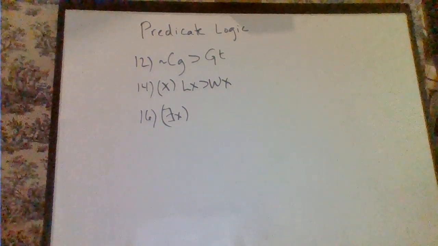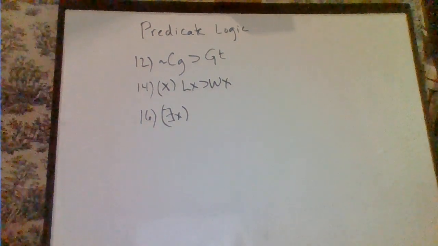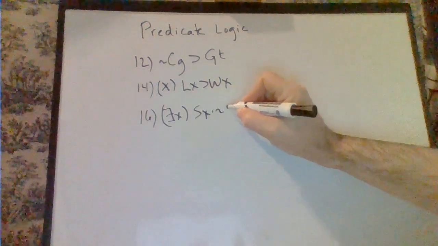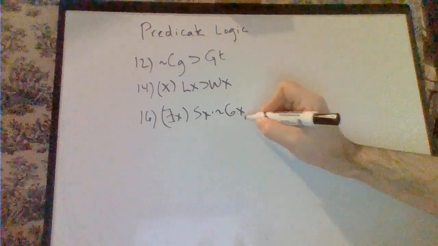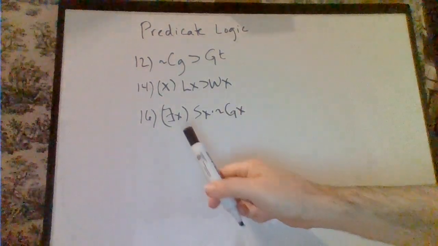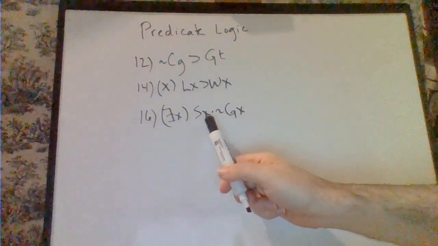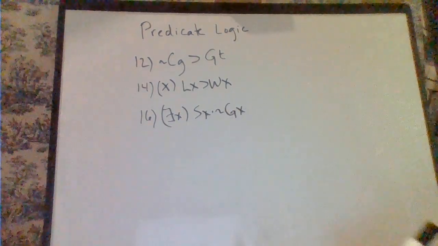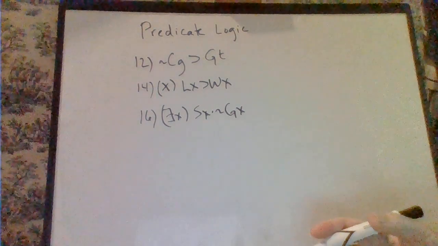And basically what we're saying is some smiles are not genuine. So Sx and tilde Gx. Okay. So for this particular x, this x is a smile, and this x is not genuine. So some smiles are not genuine.